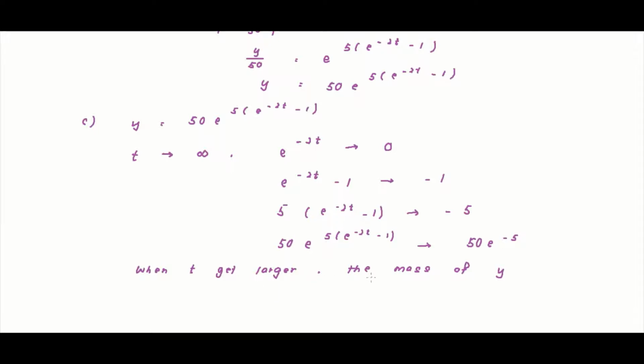So when t gets larger, the mass of y remains at 50e negative 5 grams in the long run. That's the idea.